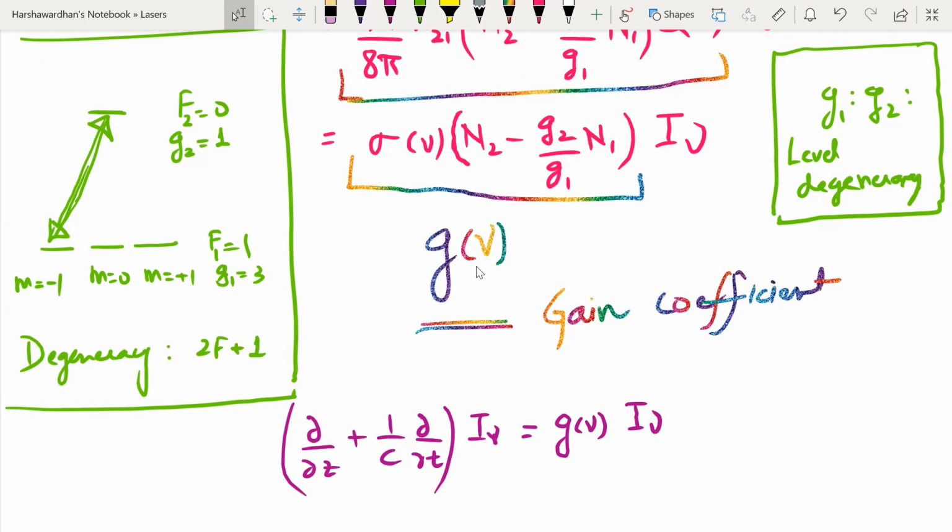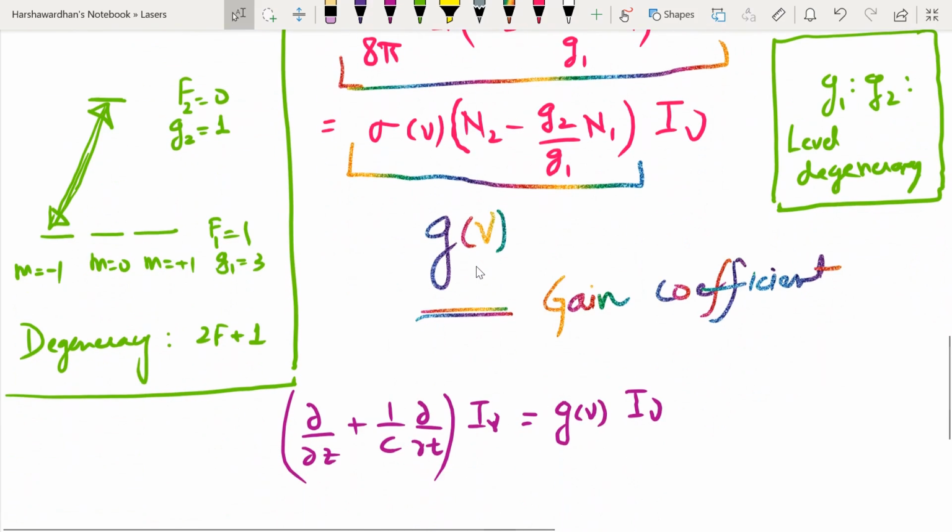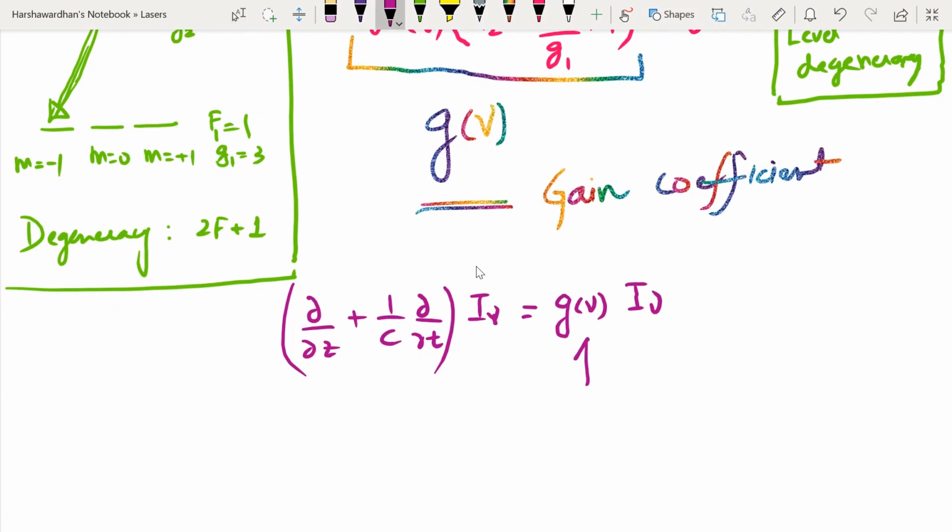So it is not frequency independent. This quantity g will be large if I'm at resonance. As I go away from resonance, the detuning will take over and my interaction with the atom is going to decrease. Similarly, what matters is to get this number to be positive. For a positive number, I have to ensure that N2 is larger than N1.